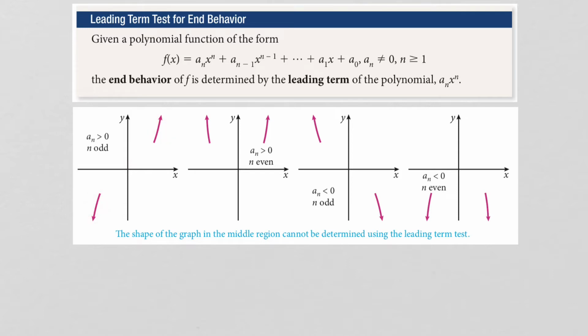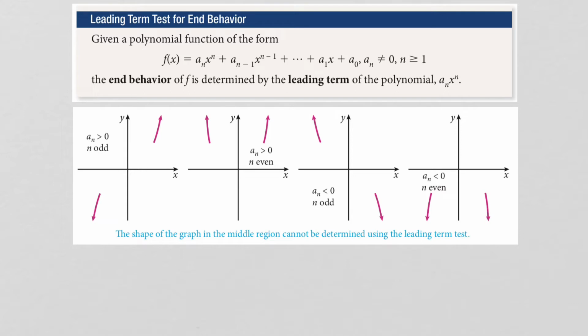In the second graph, if the leading coefficient is positive, but the power is even, we know that it goes up on both sides of the graph. In the last two graphs, we look at what the graph looks like if the leading coefficient is negative and the power is odd versus the power is even.